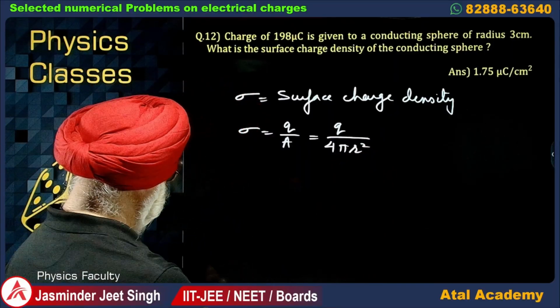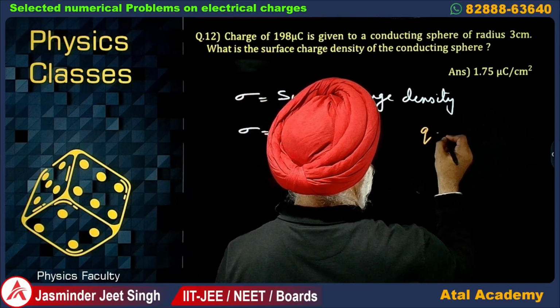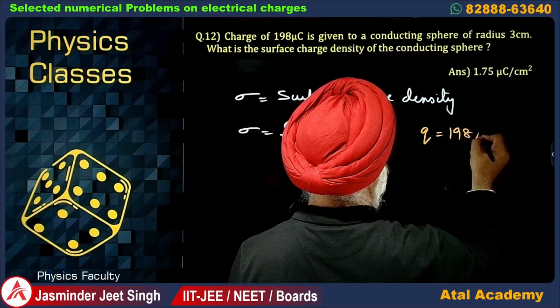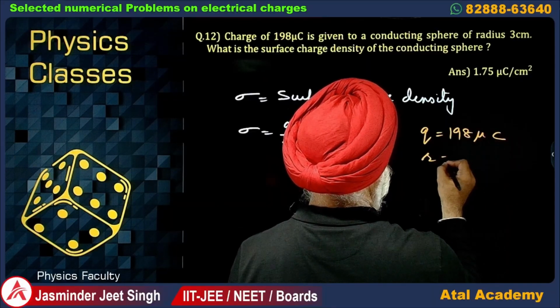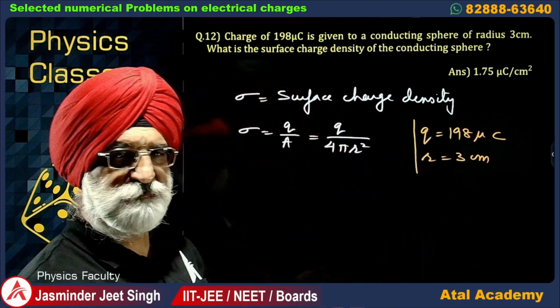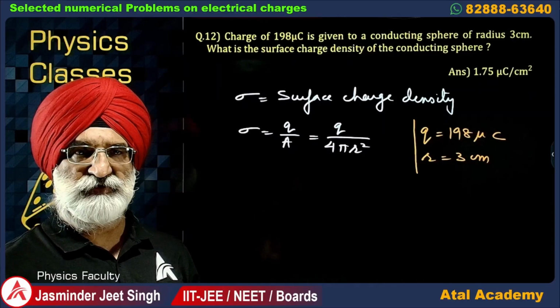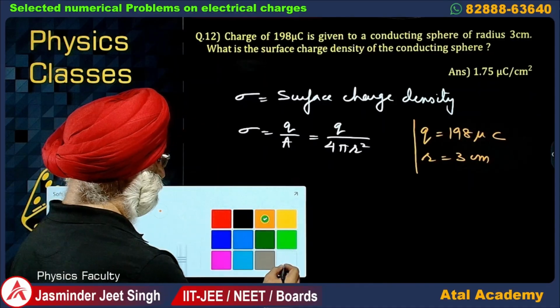In this expression we have got different values. Q is 198 microcoulombs and radius is 3 centimeters. We can keep the charge in microcoulombs only and we can keep the radius in centimeters only.